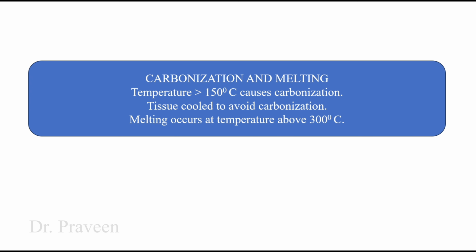When it reaches a temperature of more than 150 degrees Celsius, it causes carbonization of the tissue. Hence, after using the laser, we try to cool the tissue to avoid carbonization. And melting of tissue takes place when the temperature reaches up to 300 degrees Celsius.